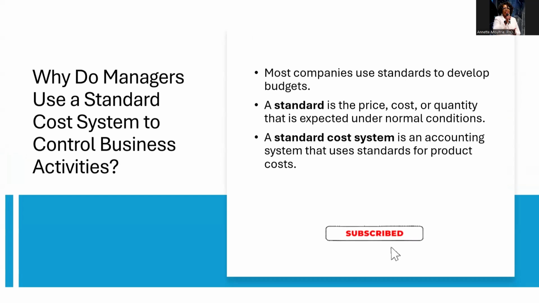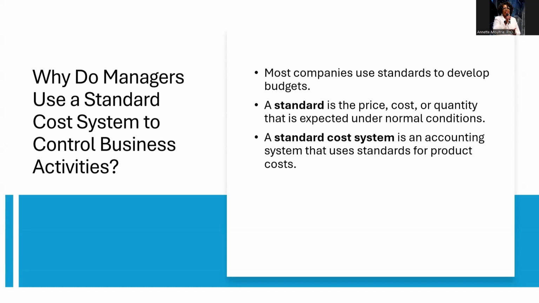A standard represents the expected price, cost, or quantity under normal conditions. For instance, based on Exhibit 5, the company Cheerful Colors anticipates that direct materials will cost $1.75 per batch of 100 crayons.